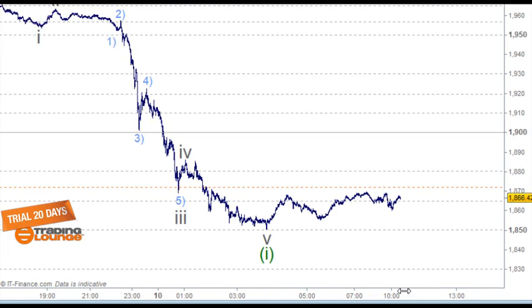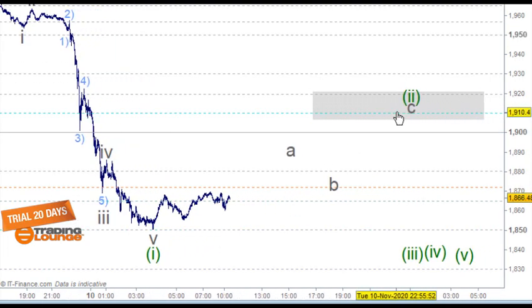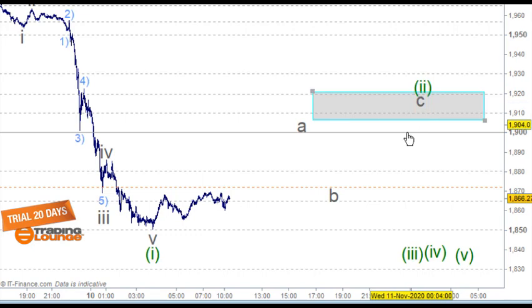But anyway, as you know, we're looking for a move up into this space from these current lows here. Once this B wave is in, now the wave 2, if this is a wave 2, it should be a simple zigzag correction. So 5 waves. That will probably take us up to here, the B wave in 3 waves, and the C wave here taking us into 5 waves.